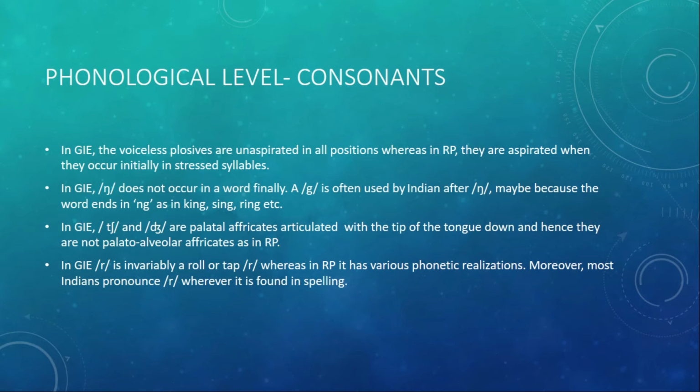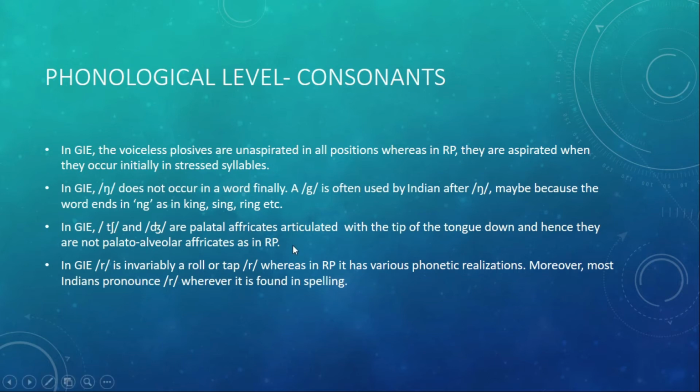And when we look at the third point, in GIE, look at these two sounds, ch and j. Ch and j are palatal affricates in GIE. In RP, these are palato-alveolar affricates. So there is a slight difference in the way Indians pronounce ch and j.